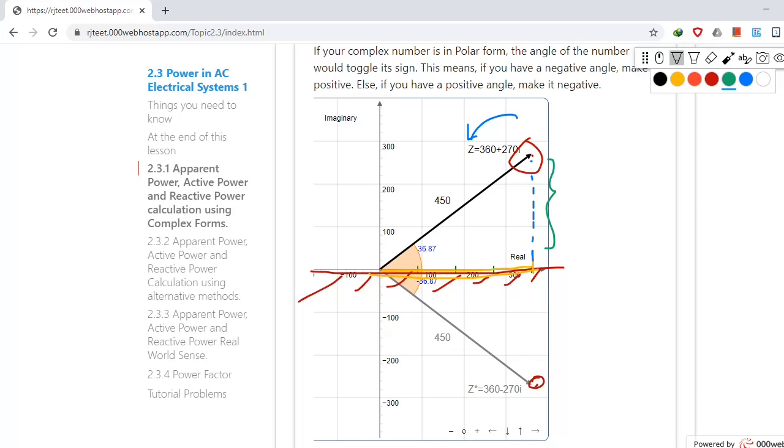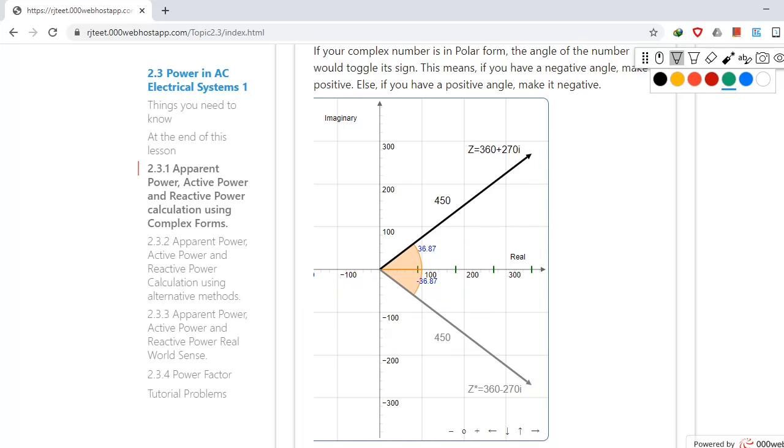It has to be negative. So the only thing I need to do is invert the sign of the imaginary part. So if it is the angle, I have a plus angle here, so I need to look for the negative angle. That's all you need to do. So it's really easy, as I said.